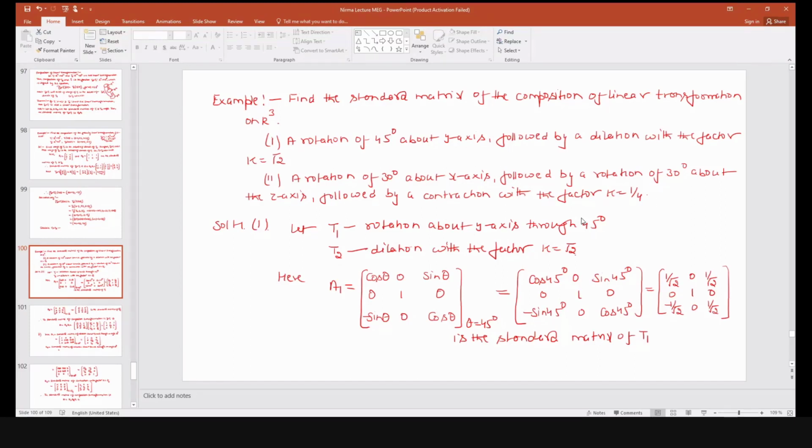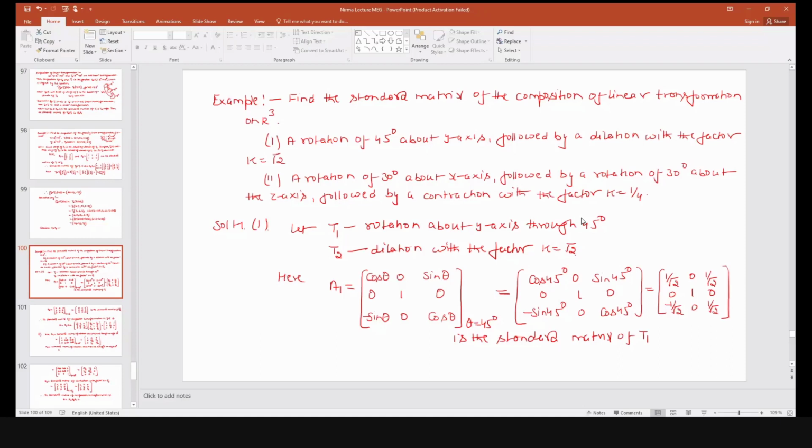So first we have three transformations here. First is the rotation about the x-axis through an angle of 30 degrees, that is your T1. So calculate the standard matrix of T1. Then the second transformation is followed by a rotation of 30 degrees about the z-axis. So T2 is the second transformation, a rotation about the z-axis through an angle of 30 degrees. Calculate its corresponding standard matrix, that is A2. Third is a contraction with the factor k equal to 1 by 4.